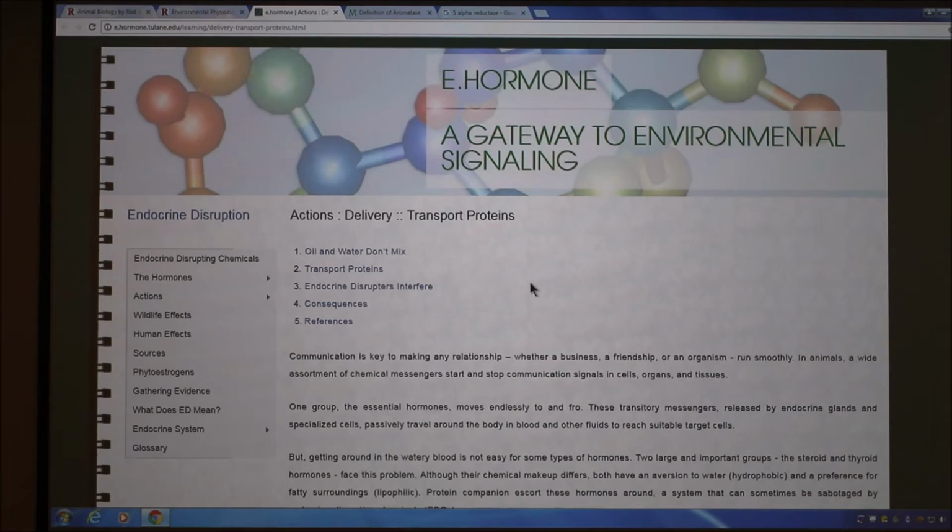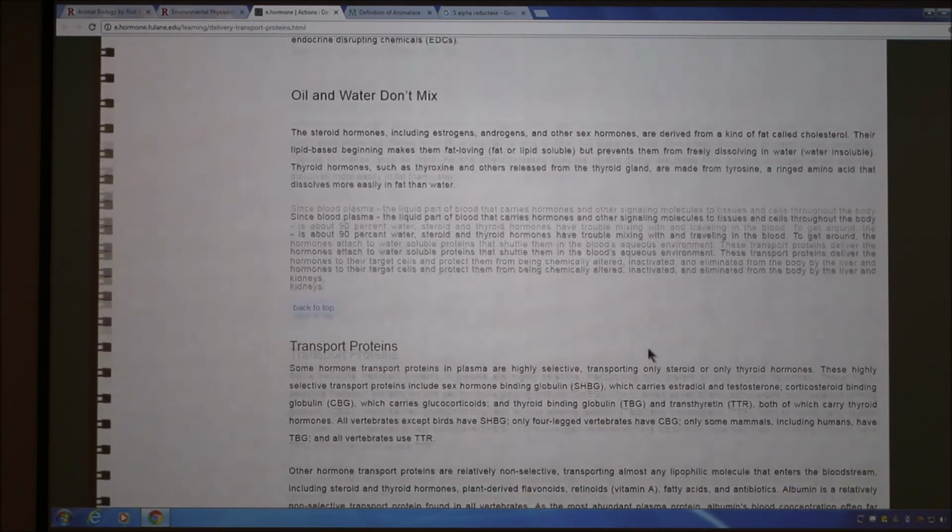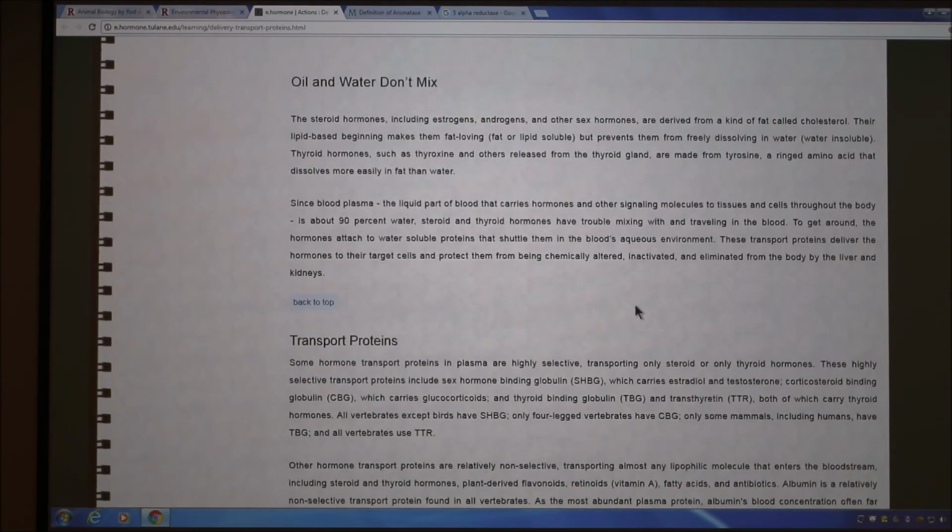Okay? So you need both components because once the free is used up, some of the bound becomes free. And that's what they're talking about here. Transport proteins. Okay? Is it bound or is it free? That's basically the two possibilities.